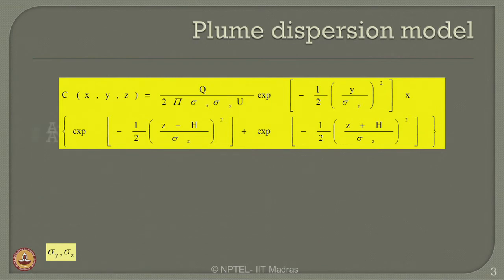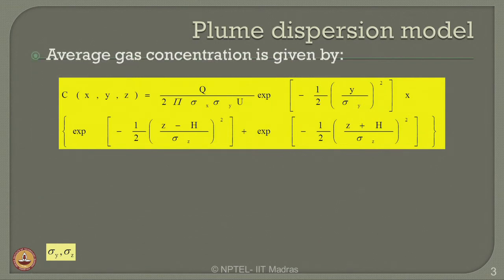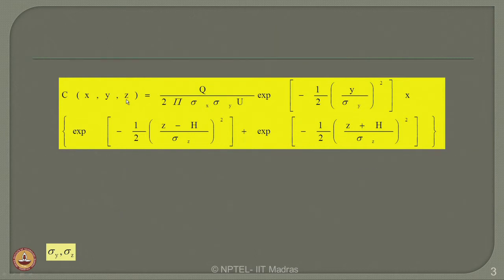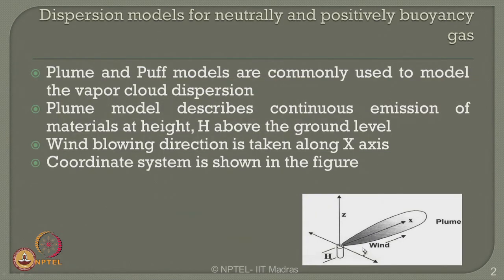Now the plume release or dispersion model gives you the average gas concentration from the equation available on the screen, where in this equation C as a function of x, y and z, where x, y and z are measured respectively along the wind direction, normal to the wind direction, and along the altitude or height of the building.